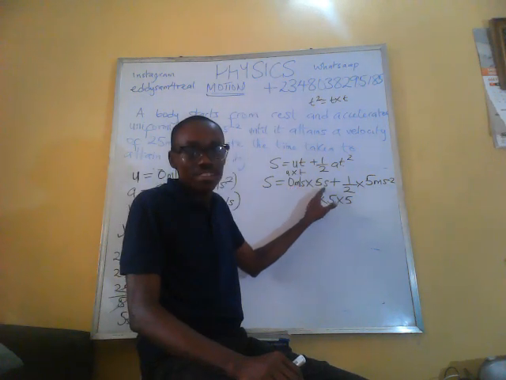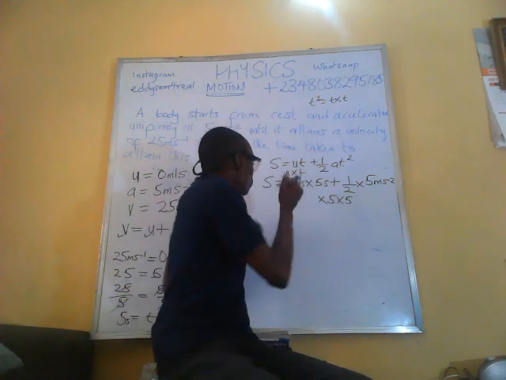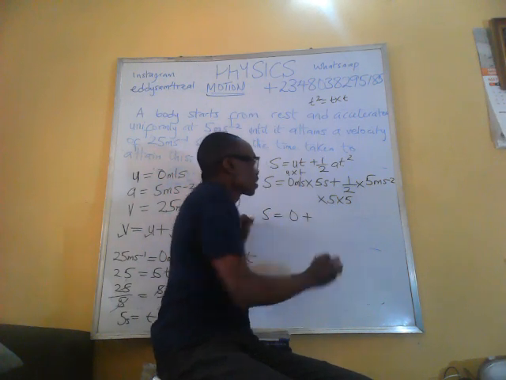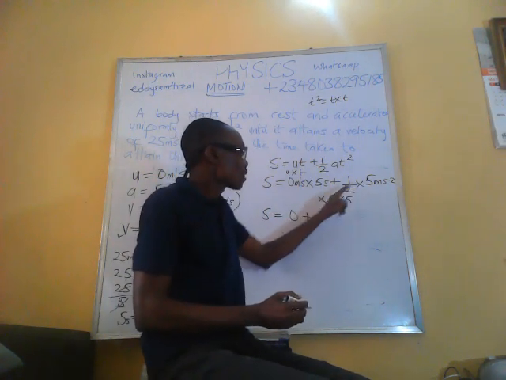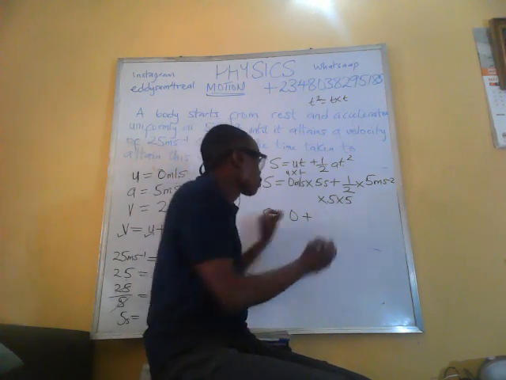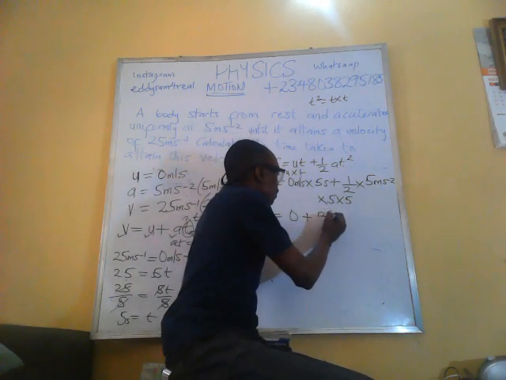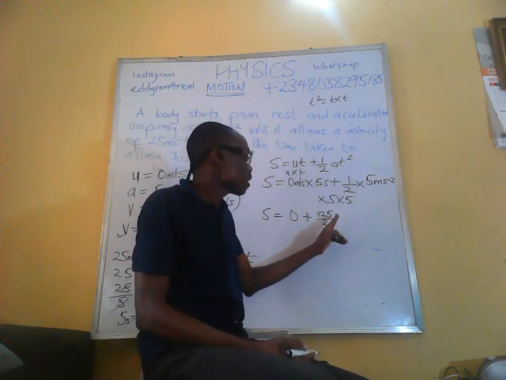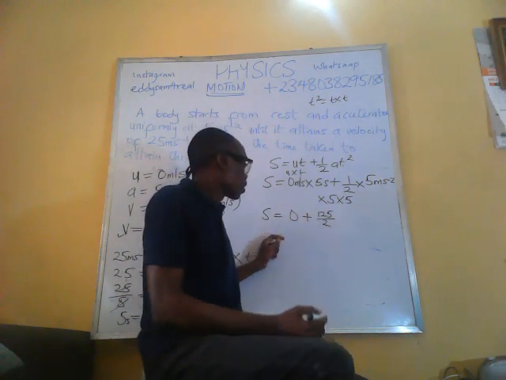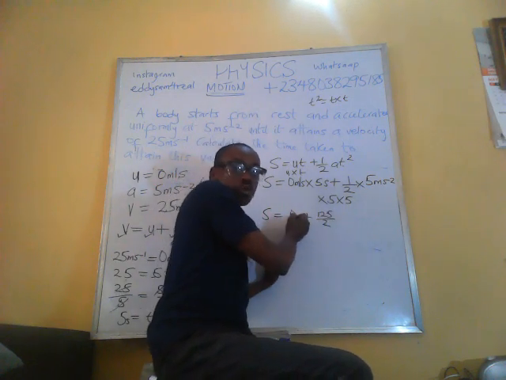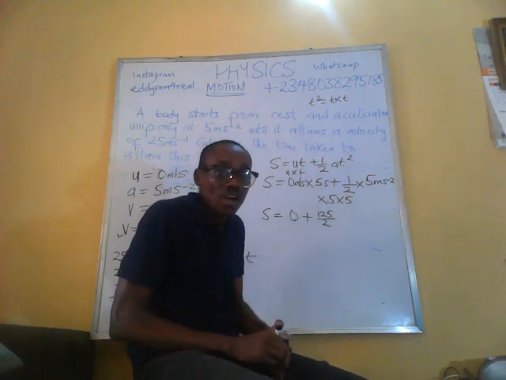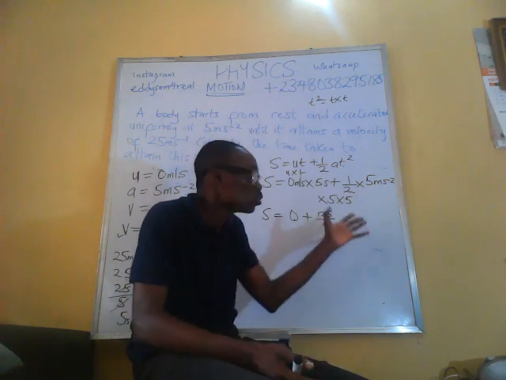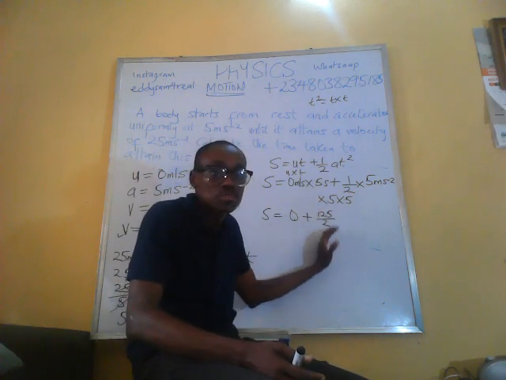0 times 5 gives us 0. So s is equal to 0 plus 5 times 5 times 5, which gives us 125, divided by 2. Adding 0 to something does not add any value, so that side remains the way it is.